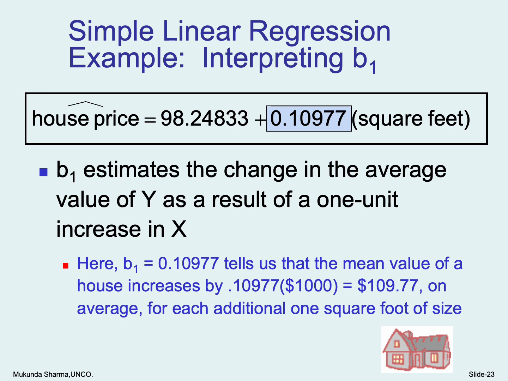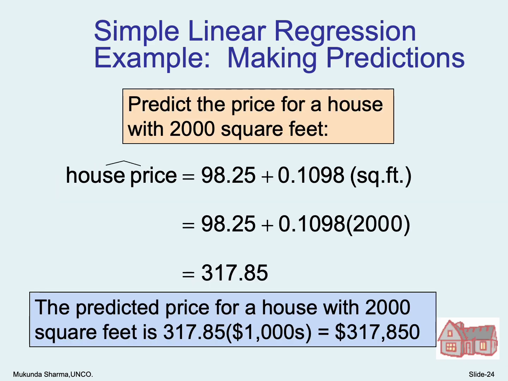It means $109 on average for each additional 1 square foot of size. And we can predict the value of house price if we know the value of square foot.